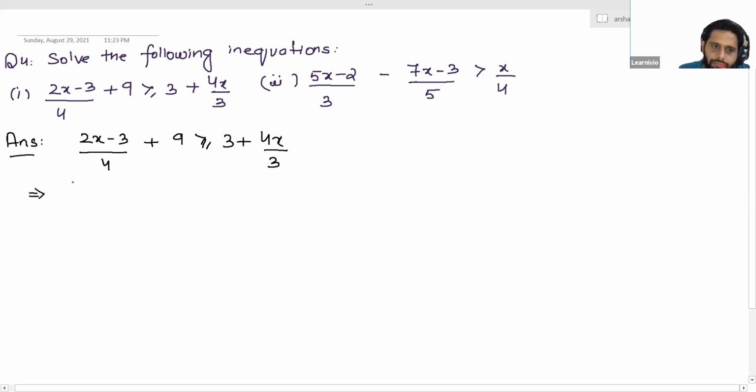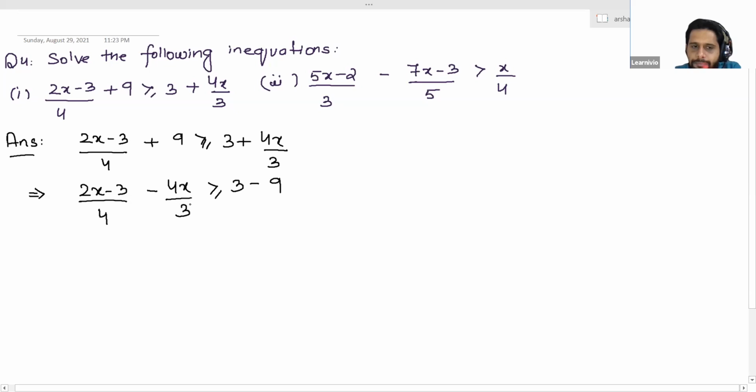So what we will do, this is a variable part and this is a variable part. So this remains as it is. Now we will shift this part to the left side, minus 4x by 3 greater than equal to, and we have a 3. We will shift this 9 to the right side, 3 minus 9. Okay. So Rishan, this step is clear.